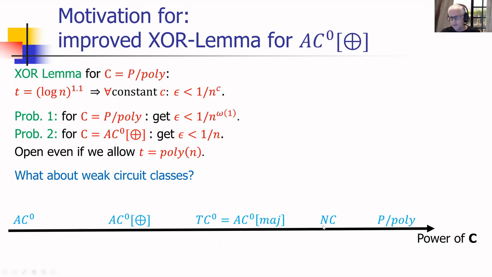And then we have classes with larger depth like NC, NP/poly. And let's consider the majority function. Functions on the right, functions here, can compute the majority function by definition, whereas functions on the left, like AC0 and AC0 with parity gates, are known not to compute the majority function.